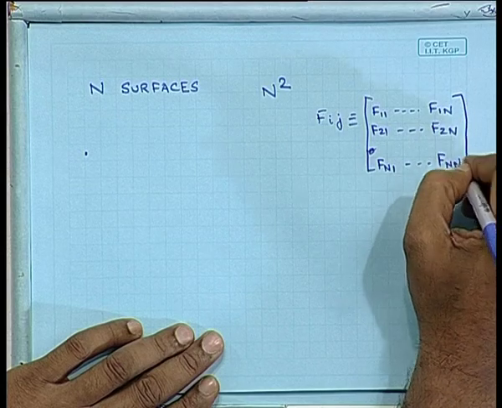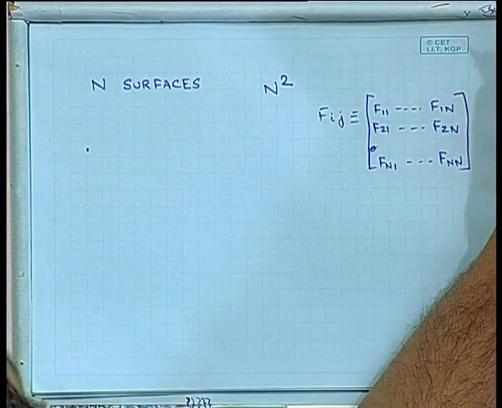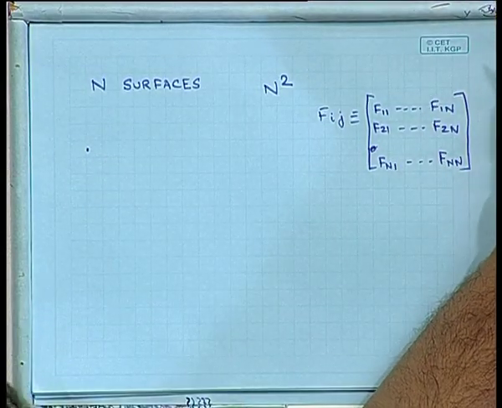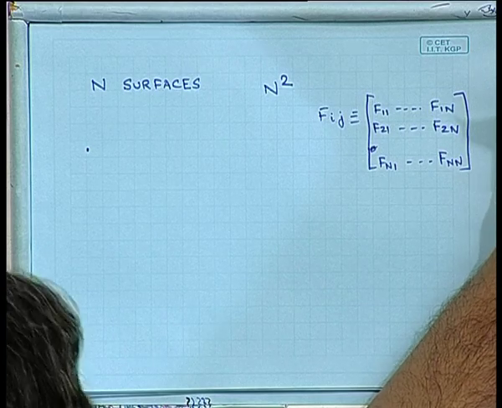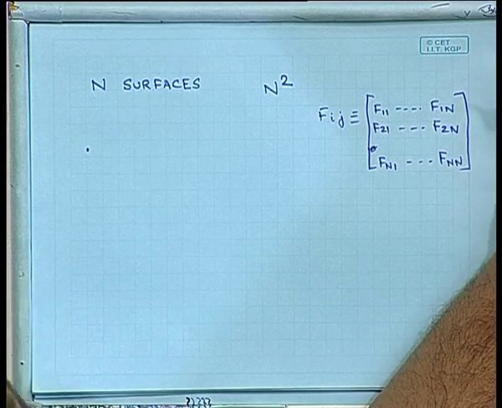So, these many view factors one has to evaluate before he or she tries to solve the radiation problem. So, if you have a furnace containing 5 surfaces, then you have to know 25 view factors to start your calculation of how much energy you have to supply through one or more of the surfaces.